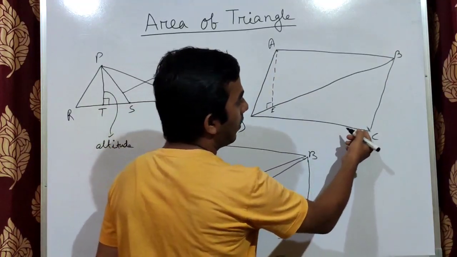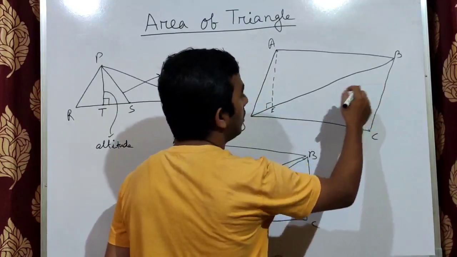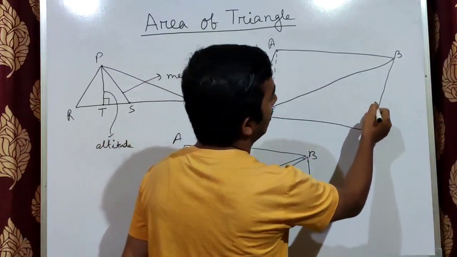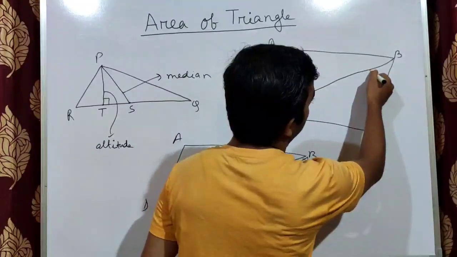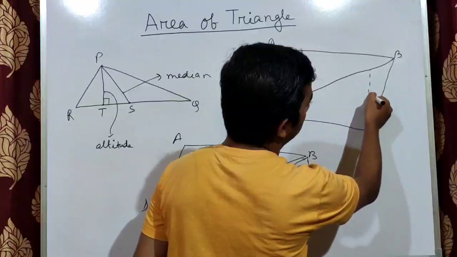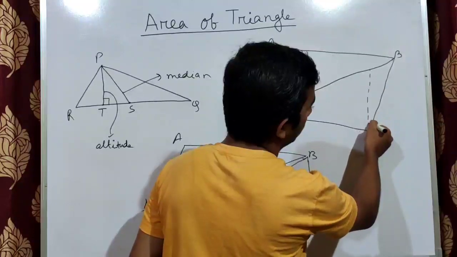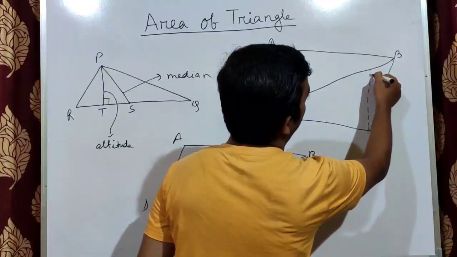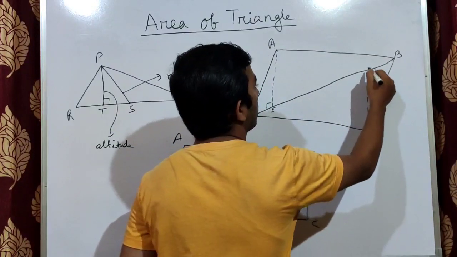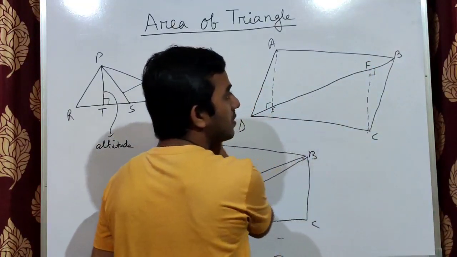And let us draw another altitude from point C to the diagonal BD. So our required altitude will be like this. Suppose we give it the name CF.